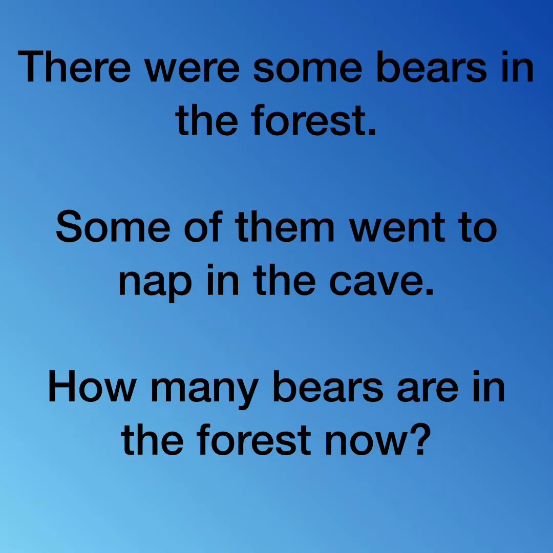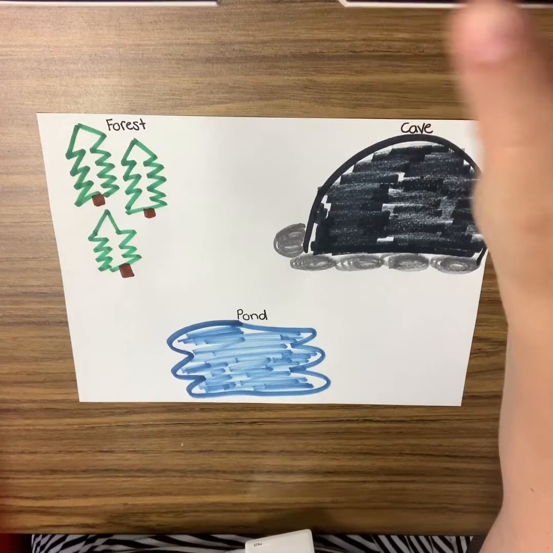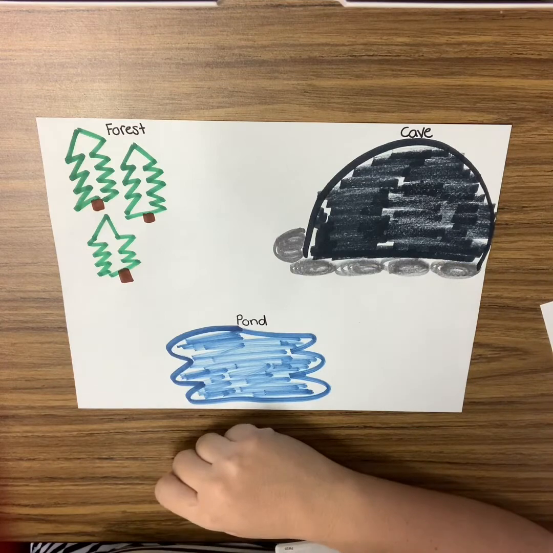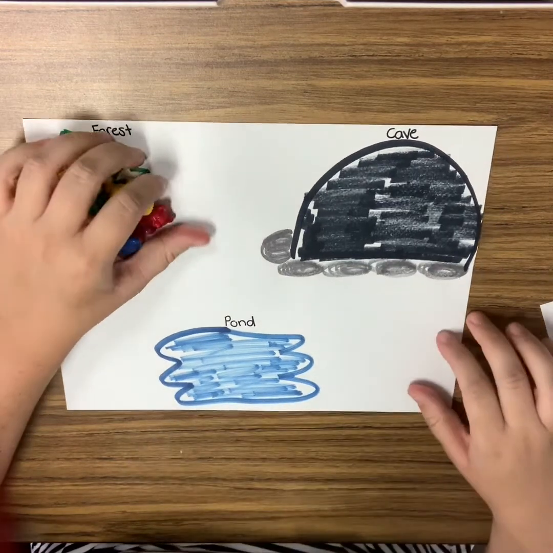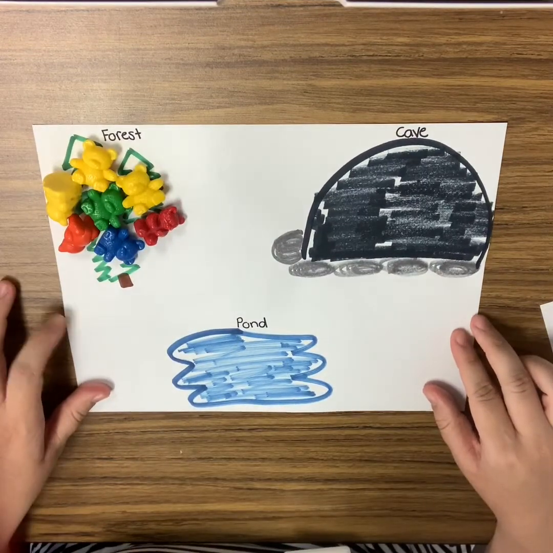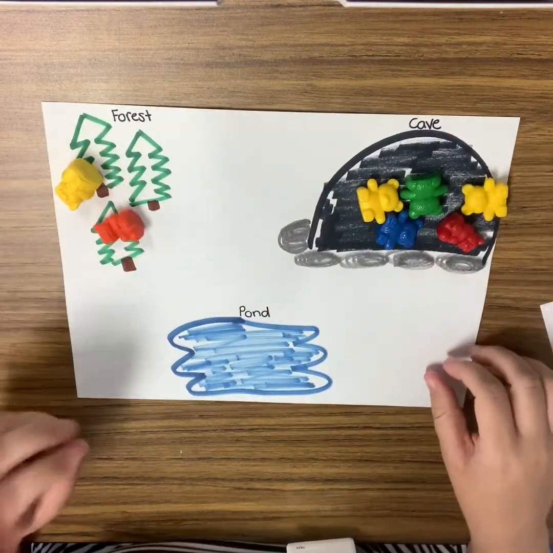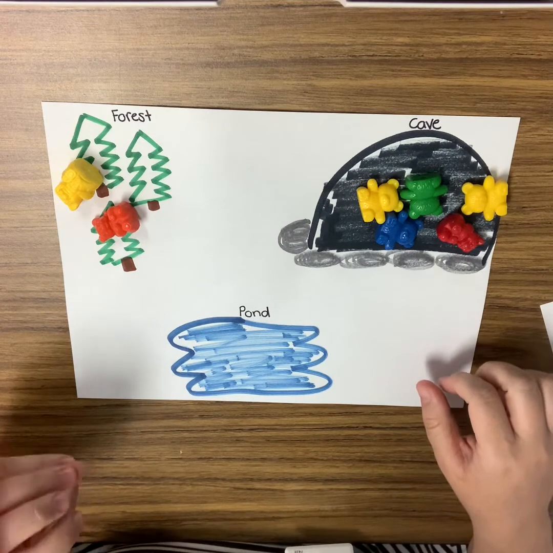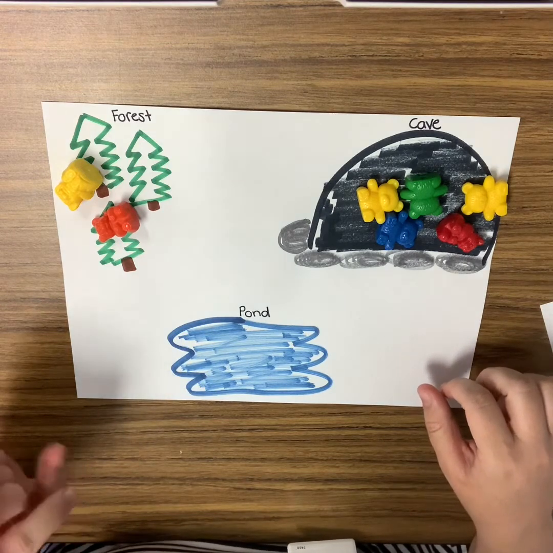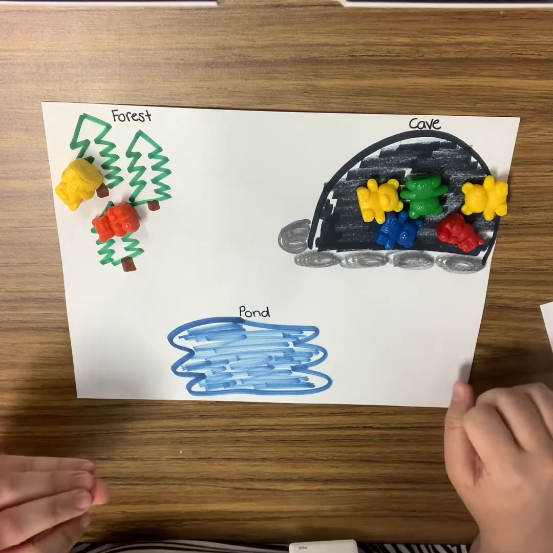Let's try another question. There were some bears in the forest. Some of them went to nap in the cave. How many bears are in the forest now? Okay, so we started with some bears in the forest, and then some of the bears went to nap in the cave. I want you to pause and think. To find out how many bears are in the forest now, would you add or subtract?